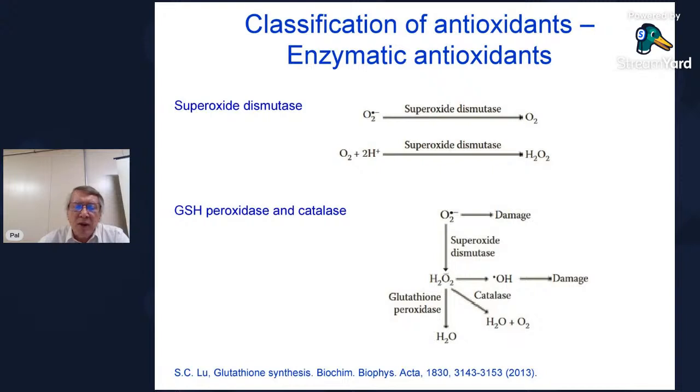The elimination of hydrogen peroxide is managed in living organisms under physiological conditions by two enzymes.